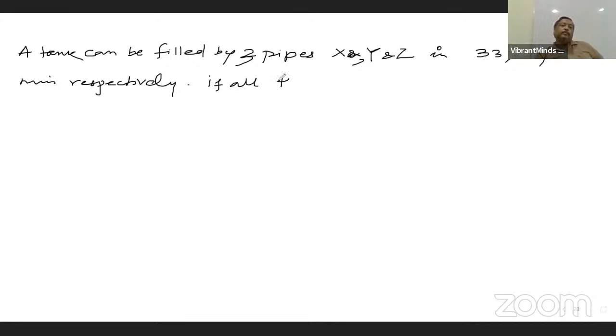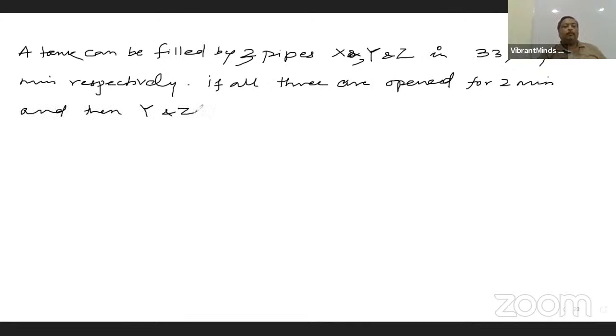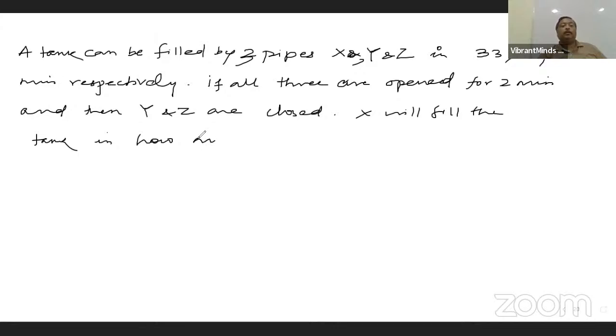If all 3 are open for 2 minutes, and then Y and Z are closed, X will fill the tank in how much time?